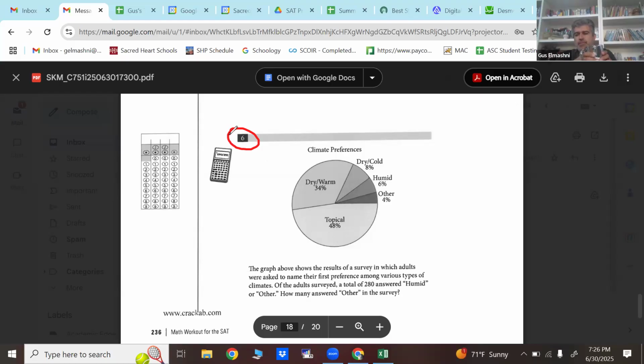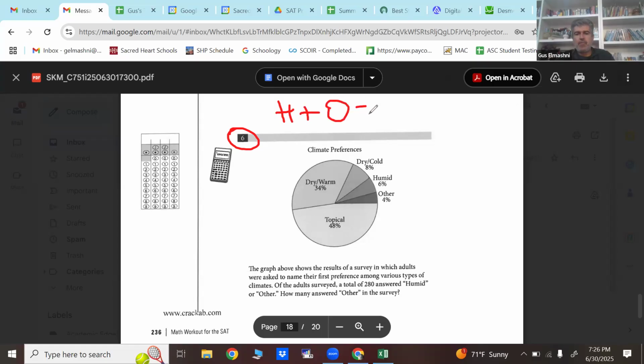So does it mean 280 answered human or other, so the 6% and the 4% add up to 280? Correct. Can you explain that again? Yeah, so human is 6%, other is 4%, and it says of the adults surveyed, a total of 280 answered human or other.